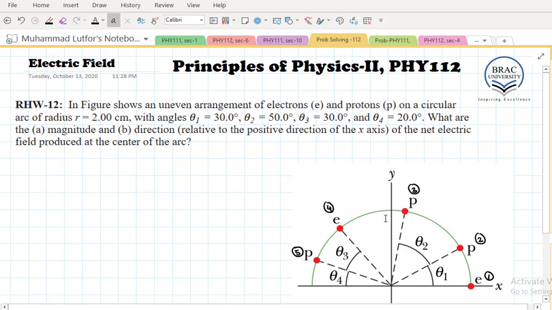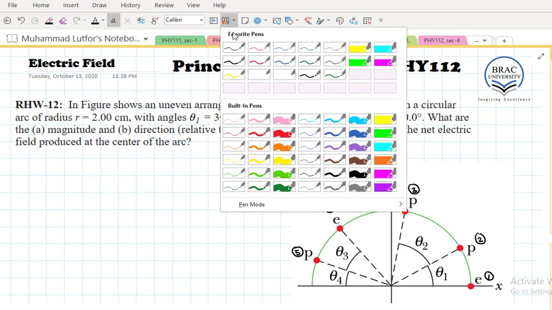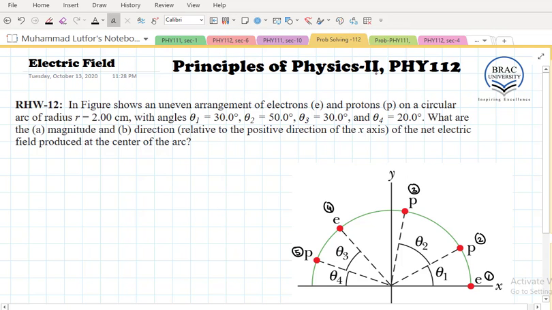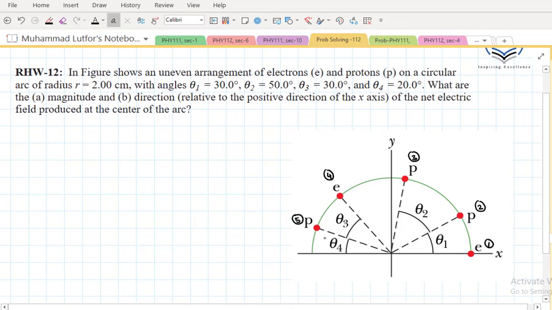Fine, I'm going to draw the electric fields first. Vectorially, I'll draw the free body diagram. Since this is a negatively charged electron, the electric field at the center would be towards that direction. So I label it. This is the electric field for particle 1, E1.